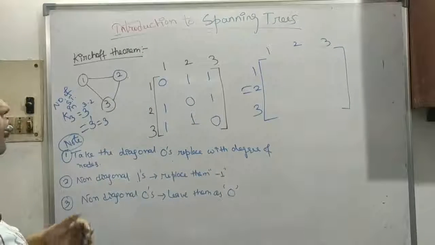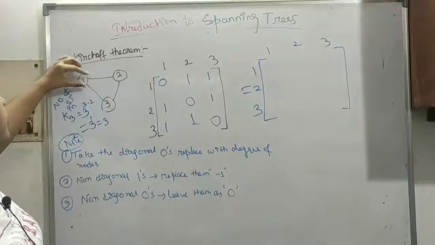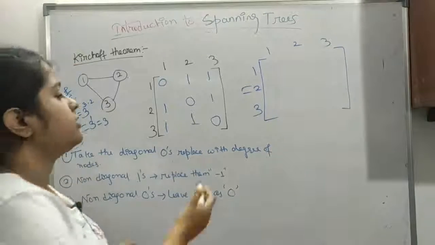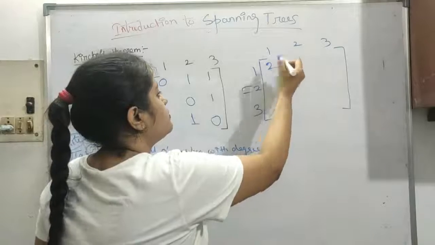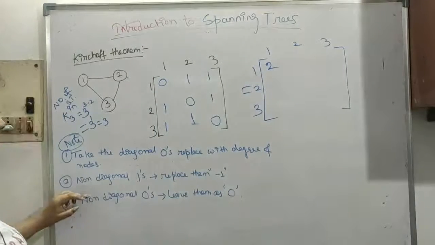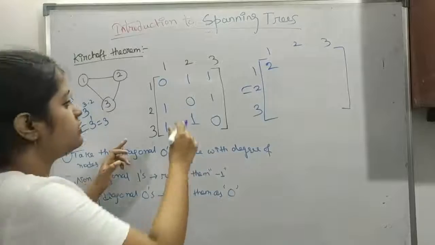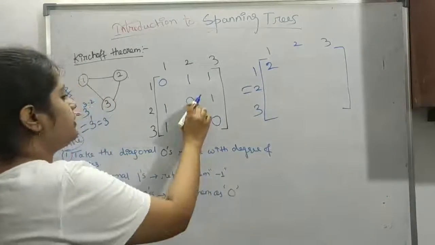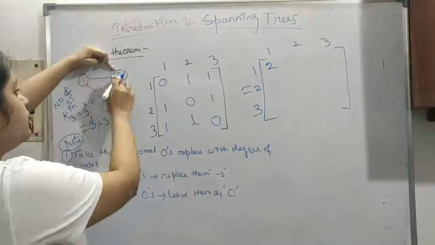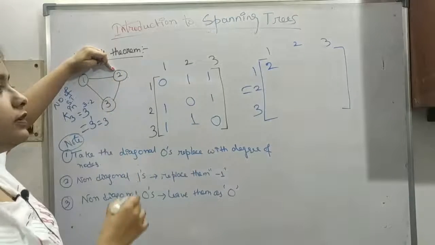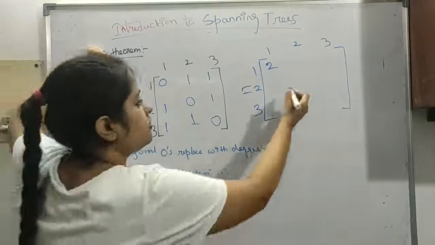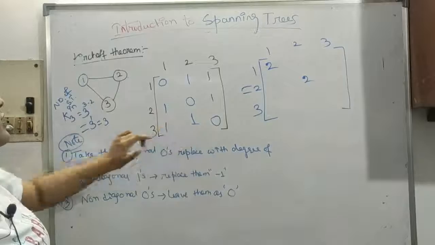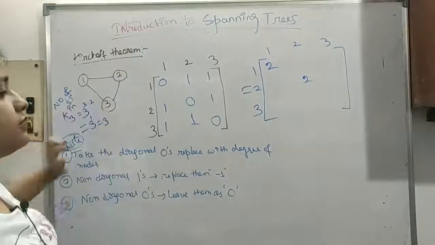So here 2 edges are there, so we are changing it to 2. Next, node 2 has 2 edges, so it is replaced with 2. Now node 3 has 2 edges present, so 2.